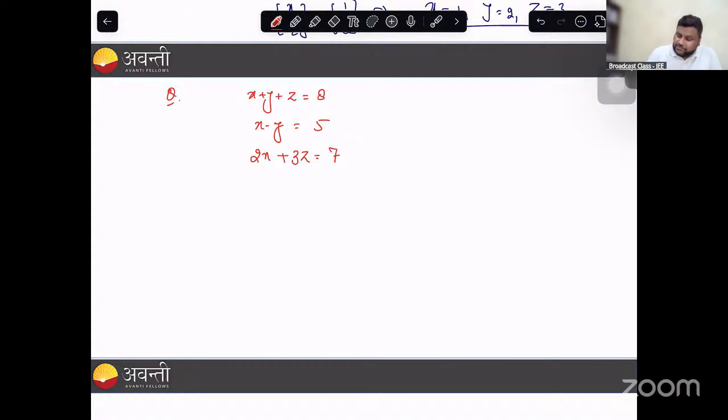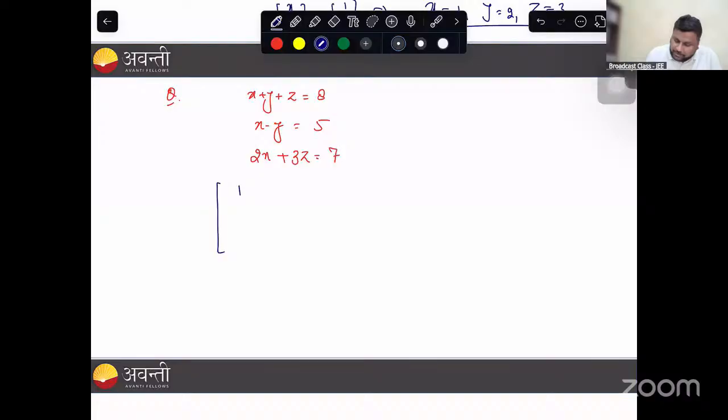So the matrix equation that you have made as of now must be this: 1, 1, 1, 1, minus 1, 0, 2, 0, 3, multiplied by x, y, z, that is equal to 8, 5, 7.